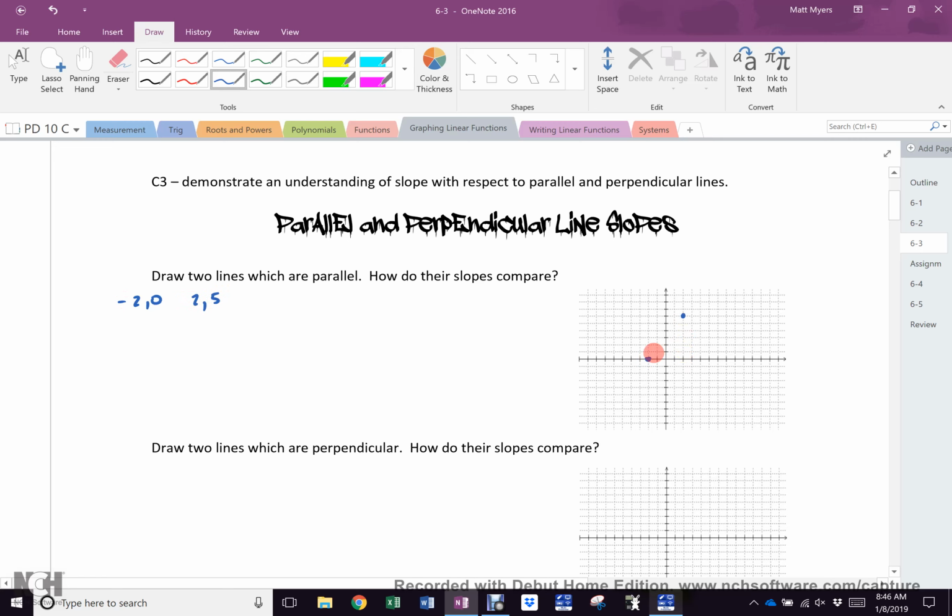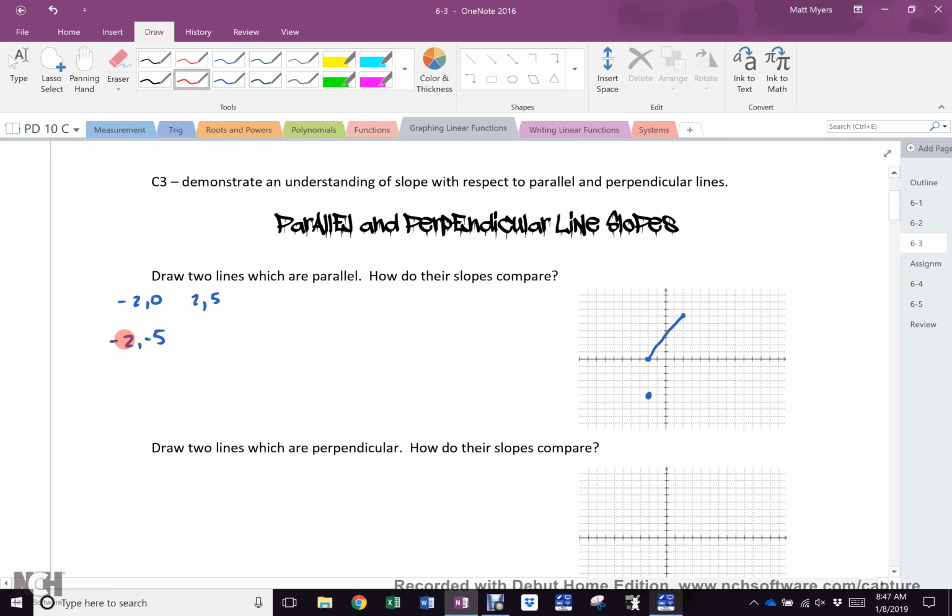And then connect the line. Everybody cool? Okay. Now, put a dot at -2, -5. Oh, I should have changed colors for that.